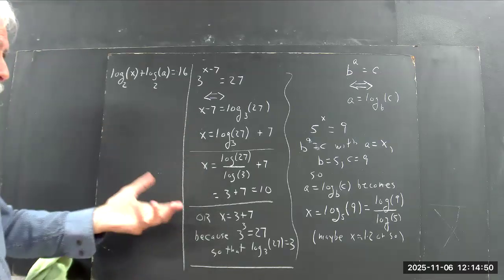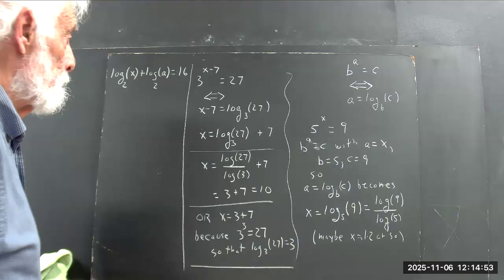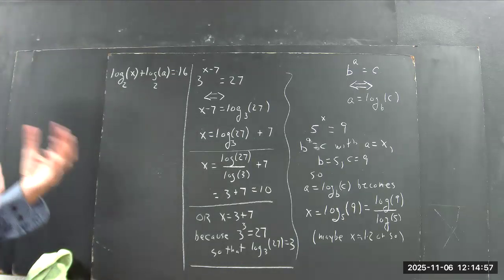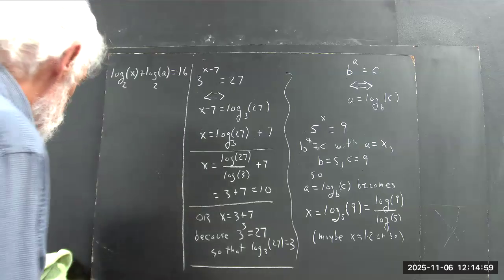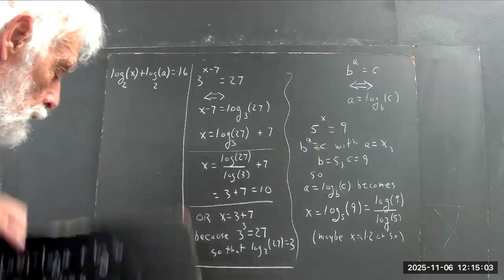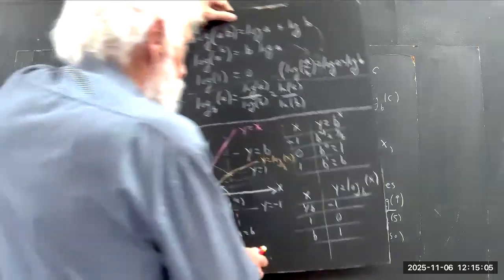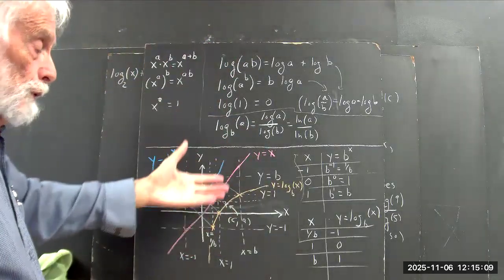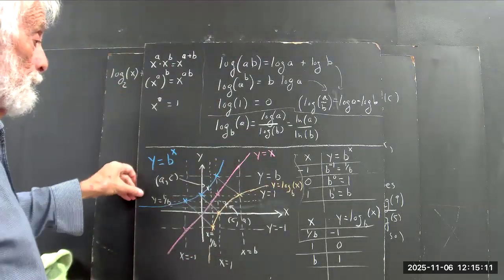So eventually we're going to be able to use that. Okay, but go ahead now and use your rules of logarithms. And you should have these written down. But here they are. Which rule are you going to use for this equation?